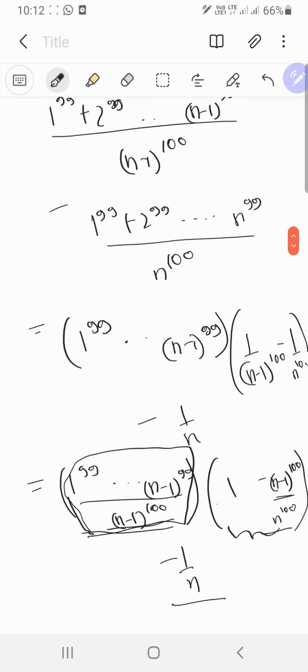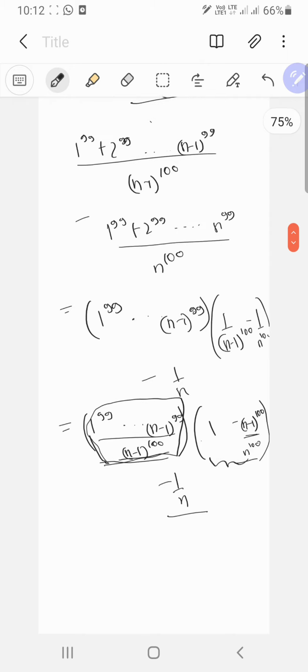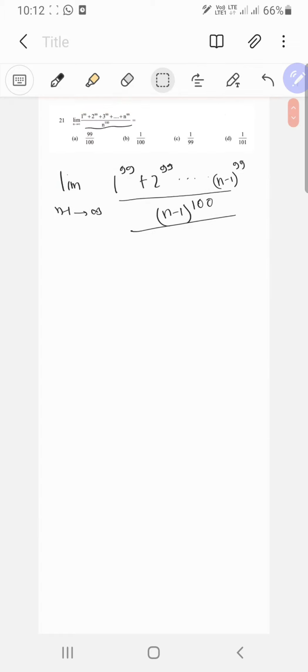So the difference between these two numbers is very, very small; actually it approaches 0. Instead of saying very small, we can say it is non-existent. There is no difference; in fact, both things are the same. Okay, that's nice.